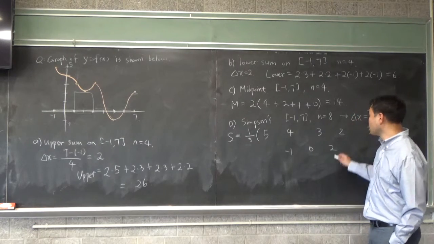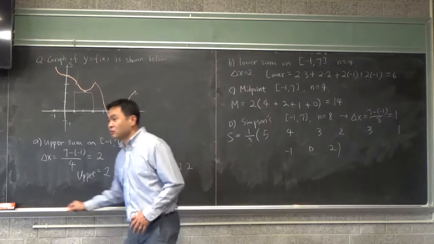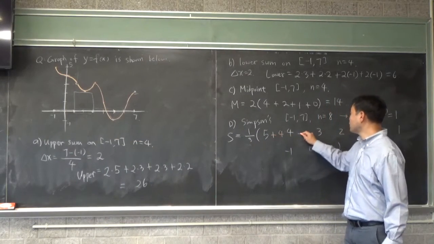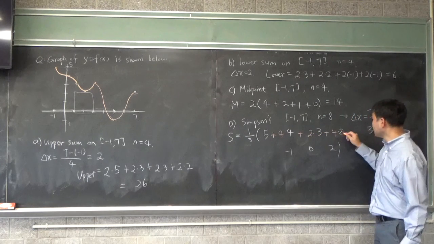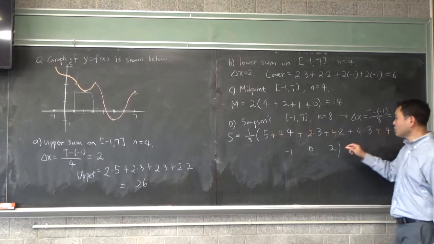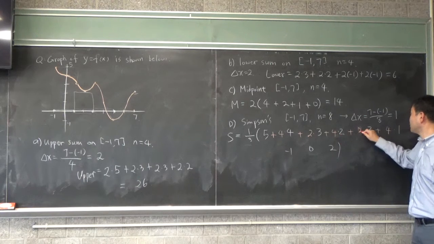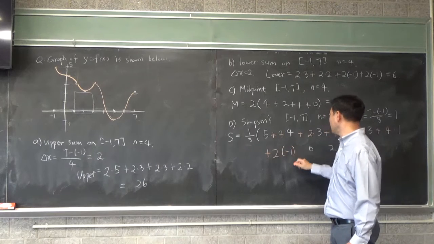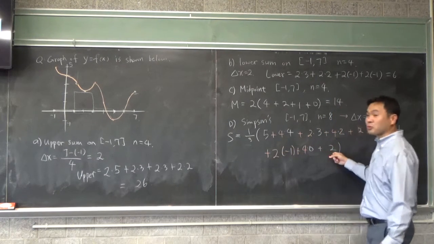Those are the values of the function, but the coefficients change, right? What are we supposed to do? 4 plus 4 times 4 plus 2 times 3. The coefficients alternate, right? 4, 2, 4, 2. Right? 4, 2 plus 4. And the last one, you don't do anything.